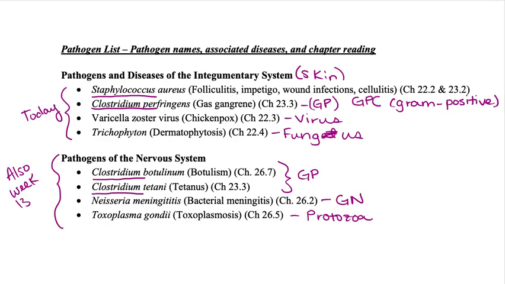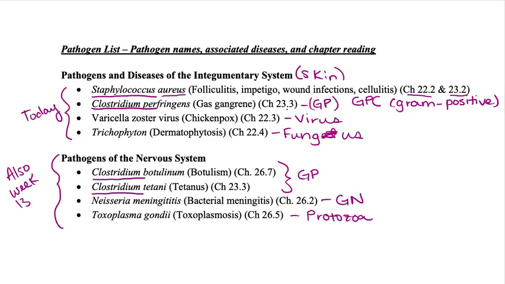And then in the lists that are presented to you in the Unit 4 overview, there's also the section reading where you can find information on that pathogen. So you don't have to read the entire section, just the parts that pertain to this organism right here. And so Staph aureus has information in Chapter 22, which is skin infections. It also has information in Chapter 23, which is wound infections.